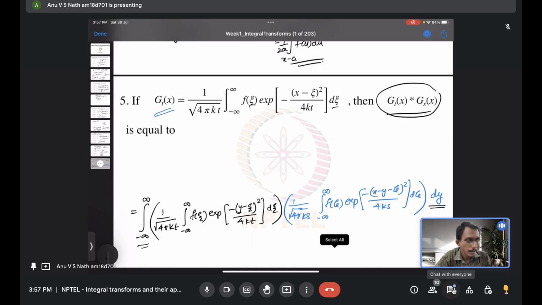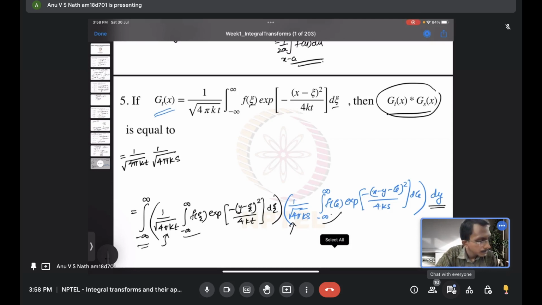Similarly the other integrals which depend on the variables xi and theta, I can take outside. We are just shifting the order of integration. Of course the 1 by square root of 4 pi kt and 1 by square root of 4 pi ks are constants with respect to all three variables of integration, so we can always keep them outside. So I will write them outside, 1 by square root of 4 pi kt, 1 by square root of 4 pi ks.